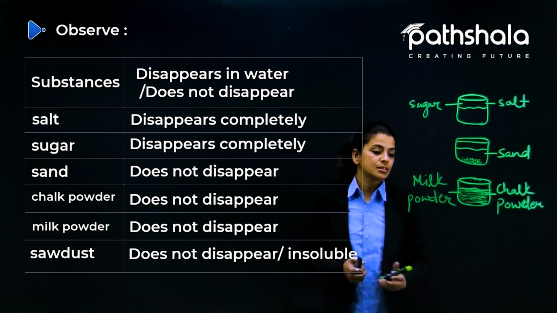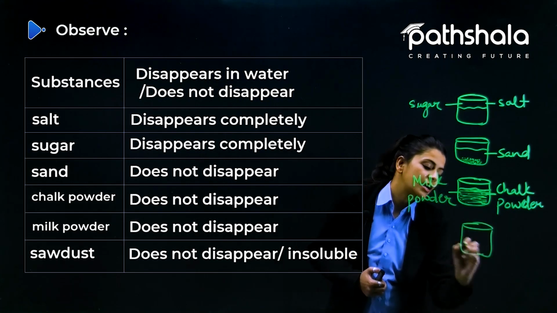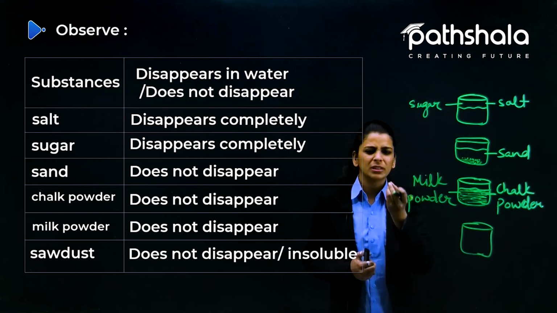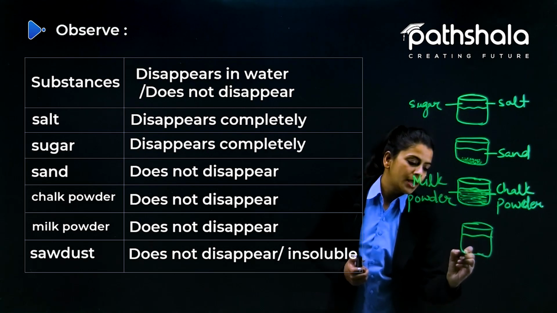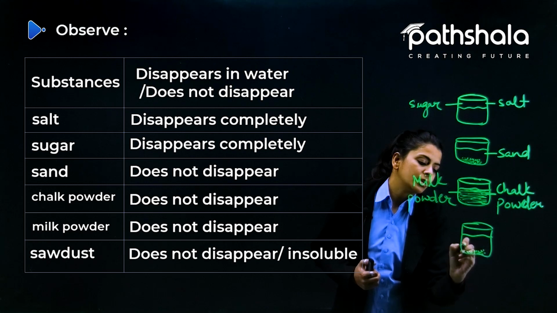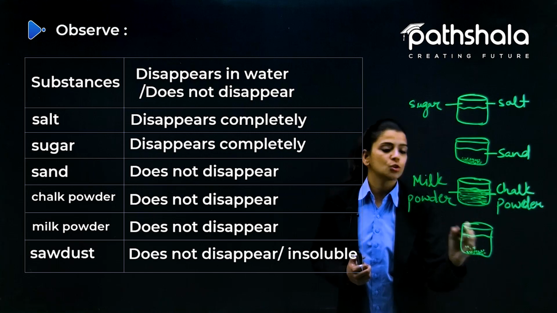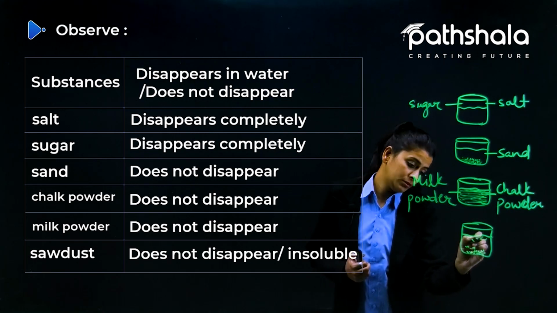Last we have sawdust. Sawdust is the powder we talked about, which comes from wheat or from any other material. It's very light in weight and a little solid-like substance. So this is the level of water and these are the sawdust we are talking about. Because of being light weight, yes, some will go down, those that are slightly heavier, and also some will float.